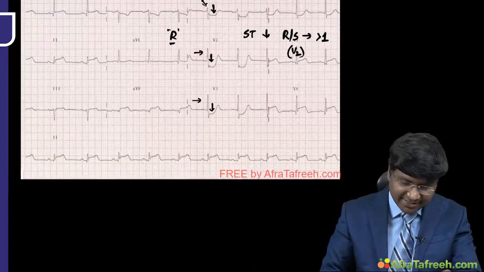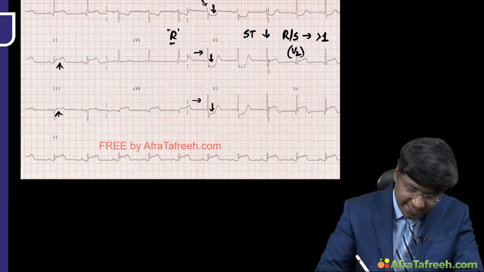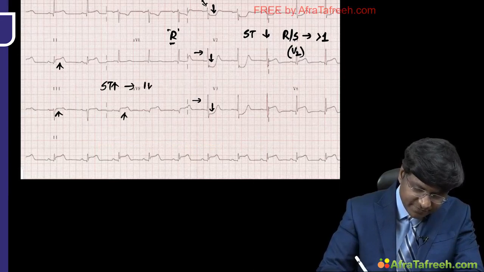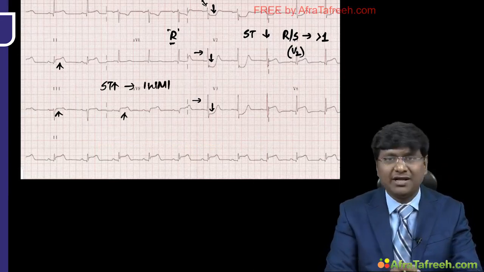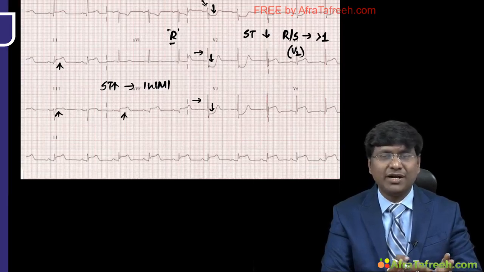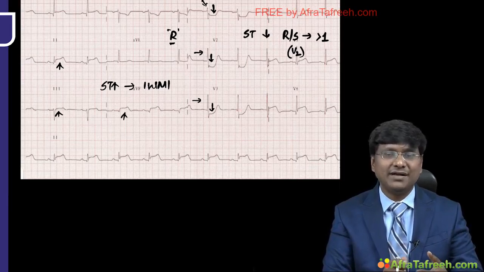The other abnormality that you can find is in lead 2, lead 3 and AVF, there is ST segment elevation. If there is ST segment elevation in lead 2, 3, AVF, that is suggestive of inferior wall MI, right? The inferior wall MI is caused by the blockade of the right coronary artery. One of the branches of the right coronary artery is the posterior interventricular artery.